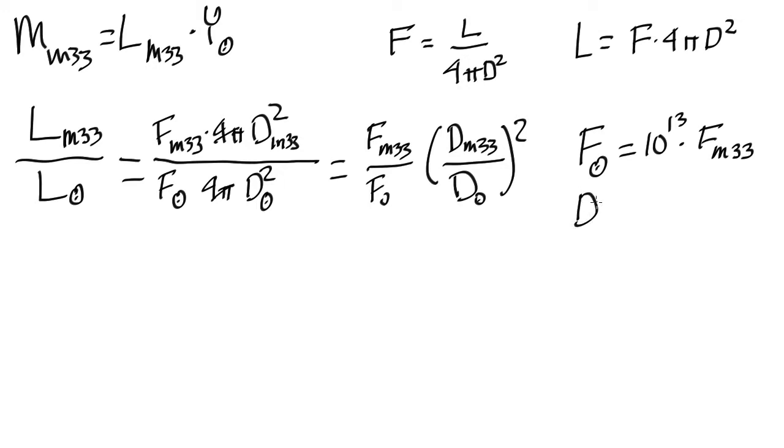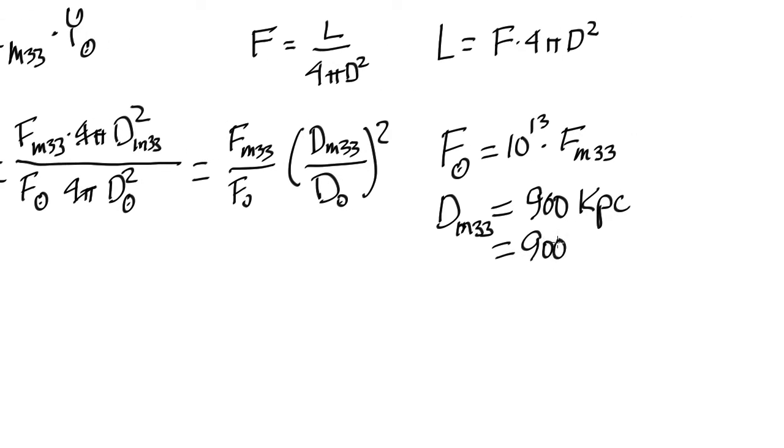So the distance to M33, as measured with the Hubble Space Telescope using Cepheid variable stars, is 900 kiloparsecs. Now, a kiloparsec is 1,000 parsecs, so that's 900 times 10 to the 3 parsecs.